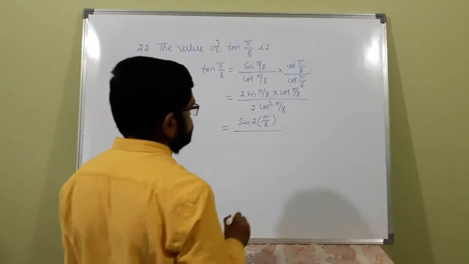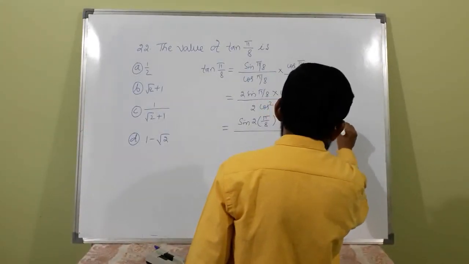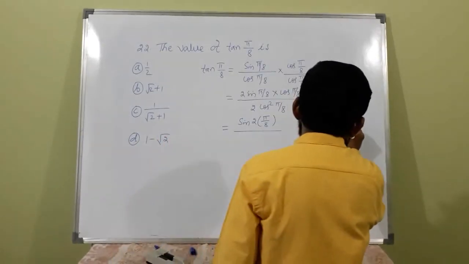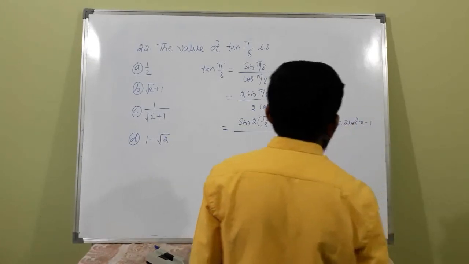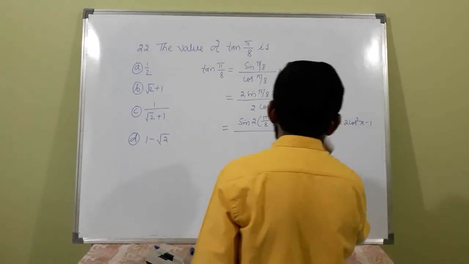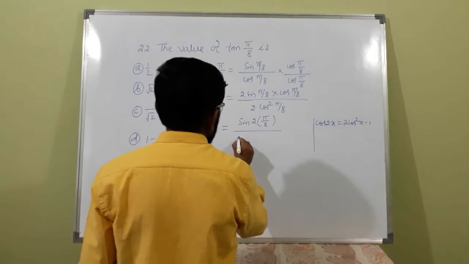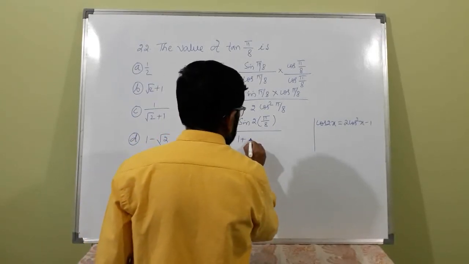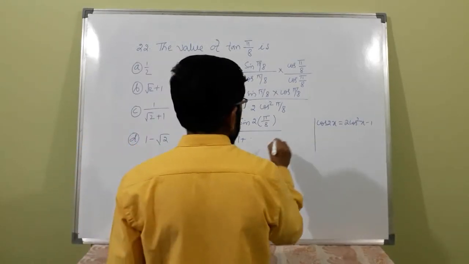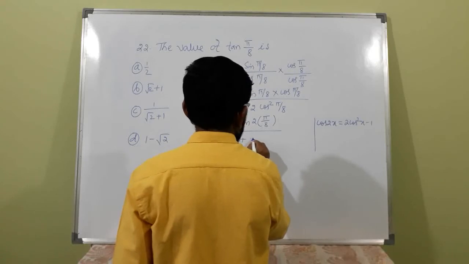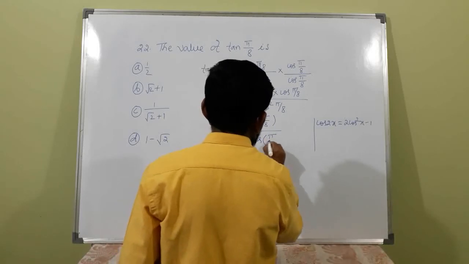Cos 2x is equal to 2 cos squared x minus 1, or 2 cos squared x is equal to 1 plus cos 2x. Similarly, here 2 cos squared x is 1 plus cos 2x, and 2x means 5 pi by 4.